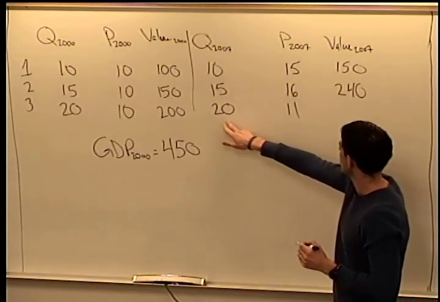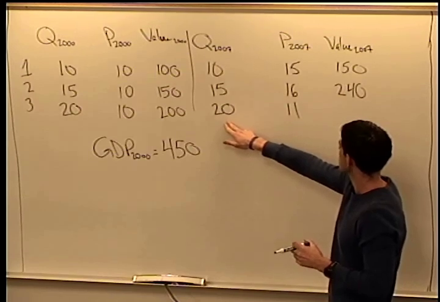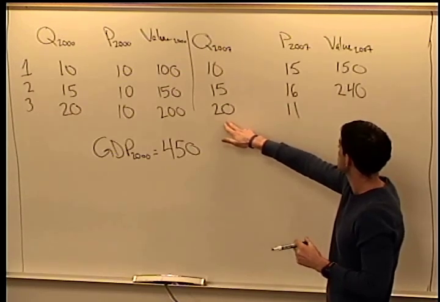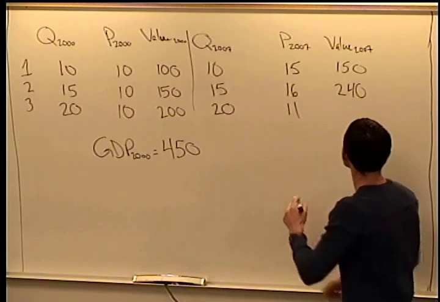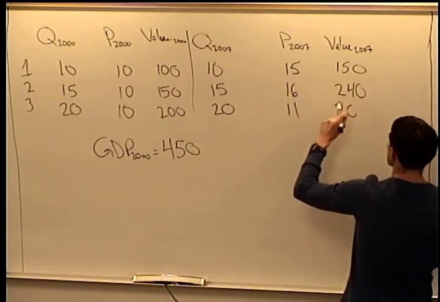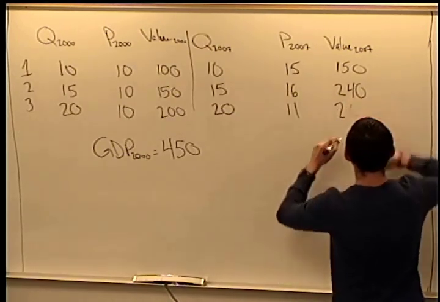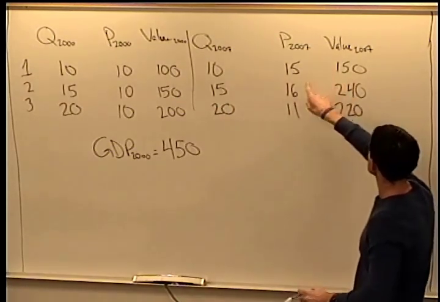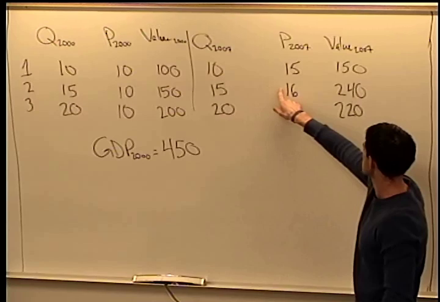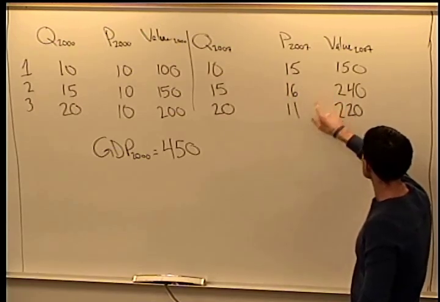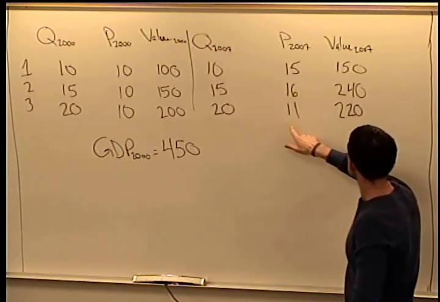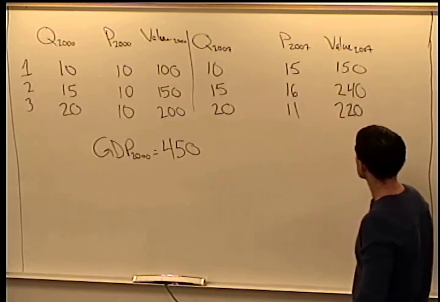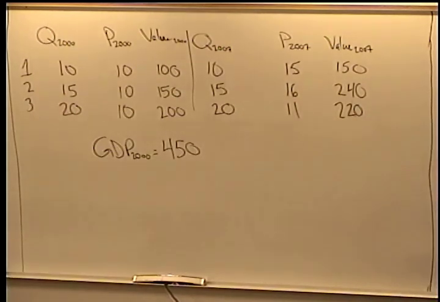And then we have 20 times 11, so 10 times 20 is 200 plus 20 is 220, the value of good 3. So 10 times 15 equals 150, 15 times 16 equals 240, and 20 times 11 equals 220. I think that should be correct. Let me double check my math.